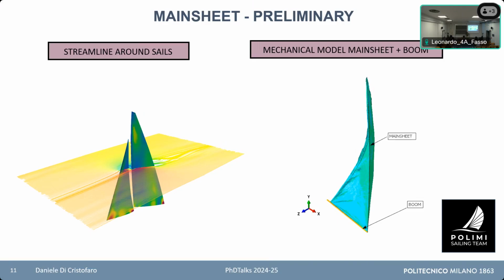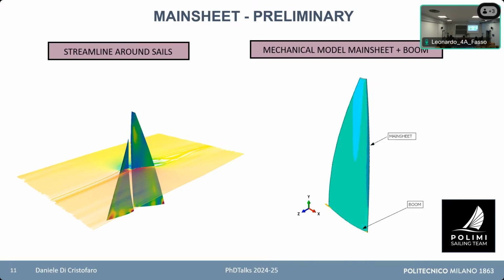On the right, there is this small animation of this small mechanical model that we are trying to implement, where we try to improve the discretization of the model of the sails. You can see that we impose many more boundary conditions. In particular, there is both the mainsheet, and there is also the boom.